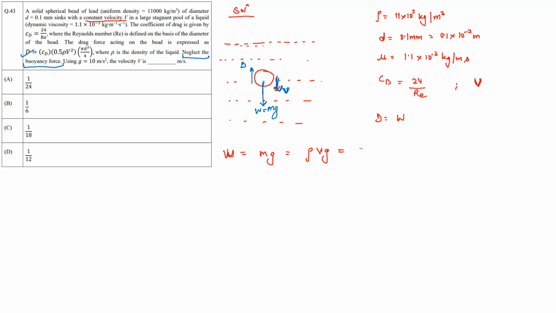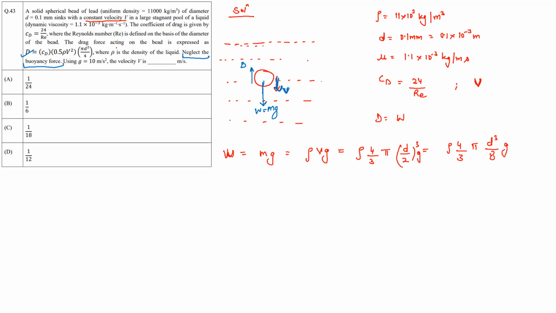Let's keep all these things as it is for now. Volume of a sphere is given by 4 by 3 pi (d by 2) cube, and there is a g here. So this is rho 4 by 3 pi d cube by 8 times g. So this is W for us.